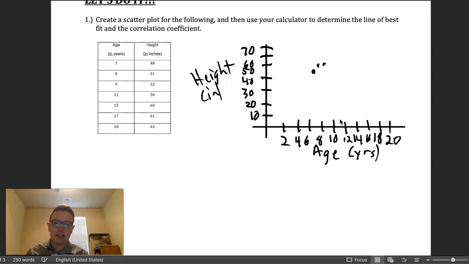At 11, we had 56, so a little bit taller. At 15, we had 60, so we're all the way up here. At 17, we had 61, so about the same, and at 18 we had 63, so a little bit taller. Now we see that there is a good positive trend in here. But let's figure out how we see the actual line of best fit in our calculators.